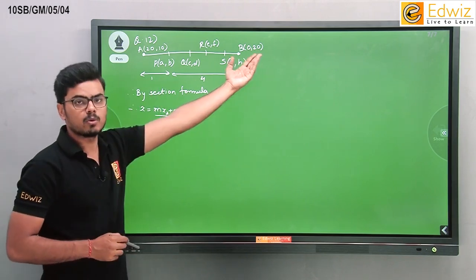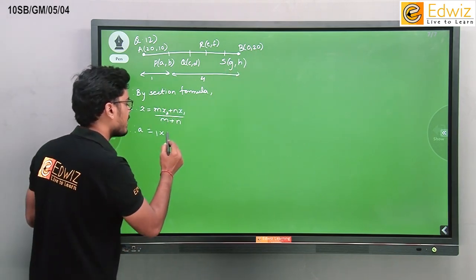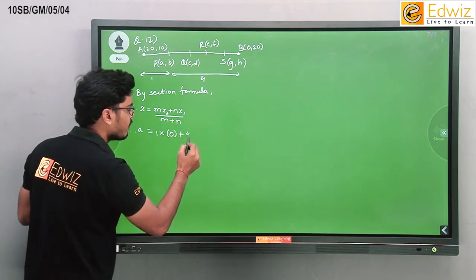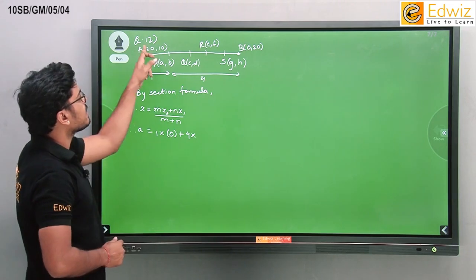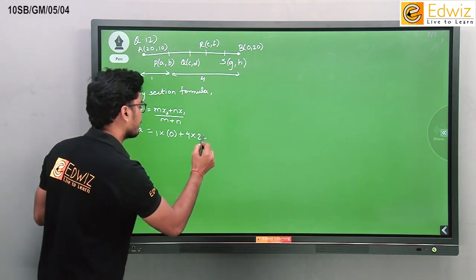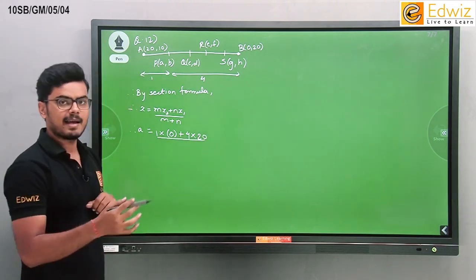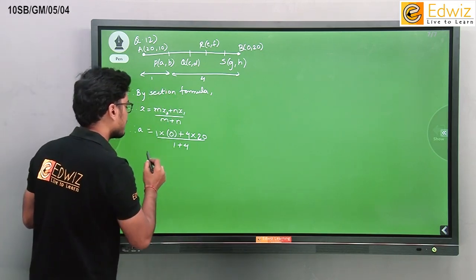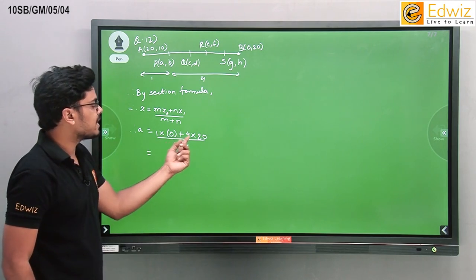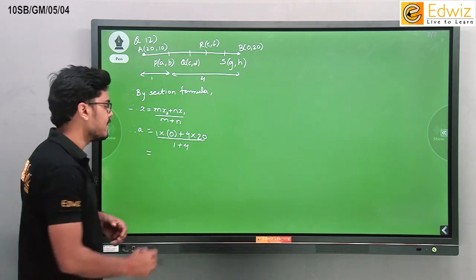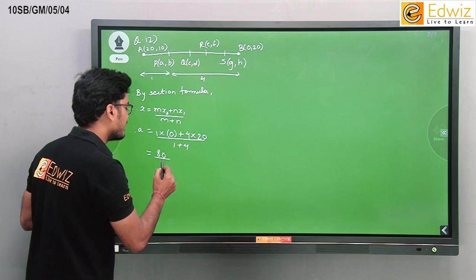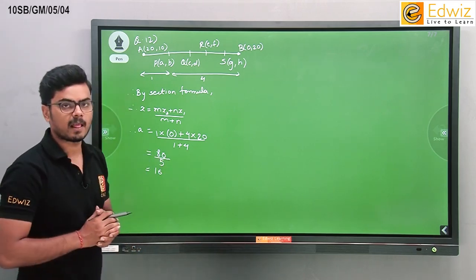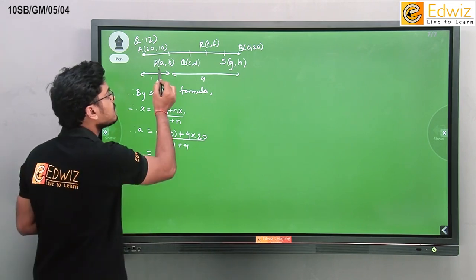So now we'll directly go to B. ठीक है, x2 क्या है, B का x coordinate is 0, plus n here is 4 multiplied by x1 that is 20 divided by m plus n matlab 1 plus 4. Correct? So this will be equal to 0 plus 4 into 20 is 80 divided by 5 that is 16. Correct? A का वैल्यू आ गया 16.